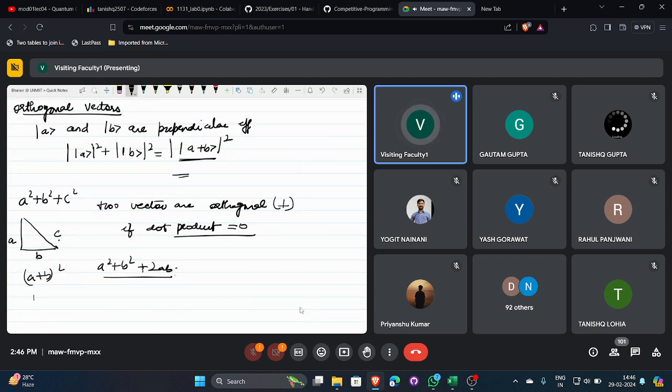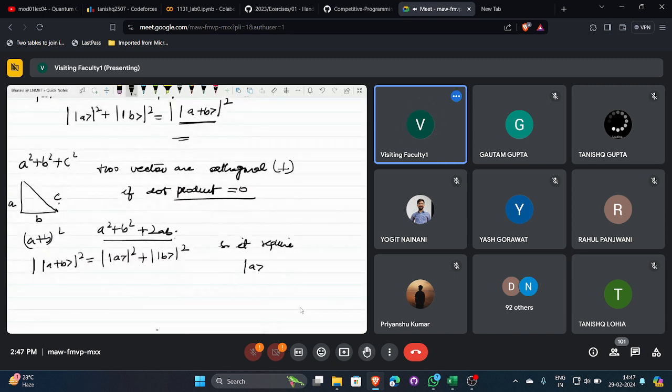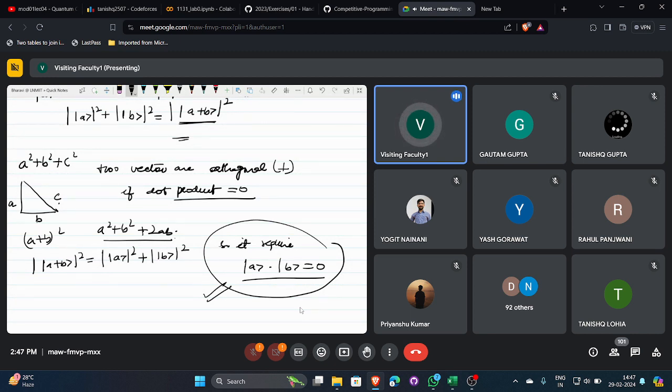So what I'm saying is that the magnitude of ket a plus b squared is equal to ket a squared plus ket b squared. So what does it require? It requires the dot product to be 0, which is the condition. Either you write it like this with the magnitudes being equal, or the second way of specifying is that the dot product of these two ket vectors is equal to 0.